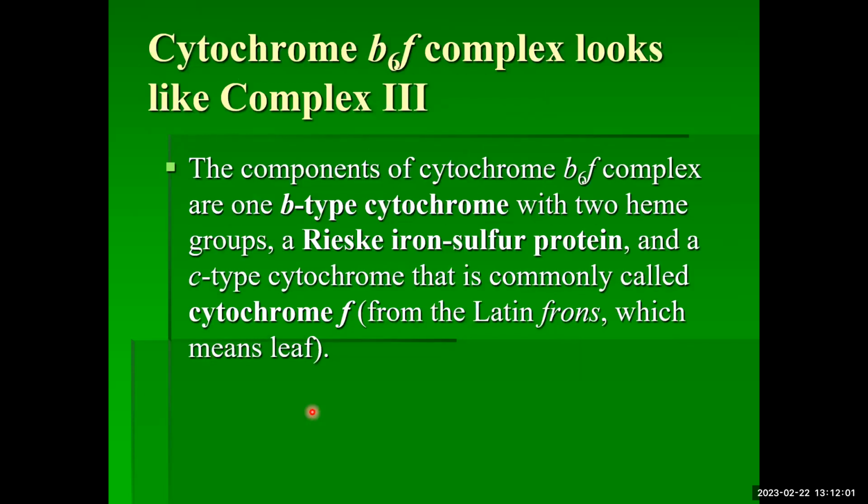The components of the cytochrome b6f complex have a high potential and a low potential b-type cytochrome, not unlike complex 3 in our own cells. And this complex even undergoes a Q cycle, just like the Q cycle in complex 3 of our electron transport chain.